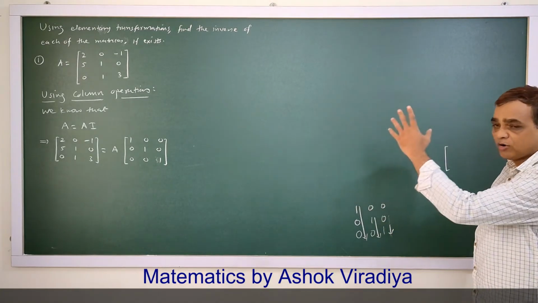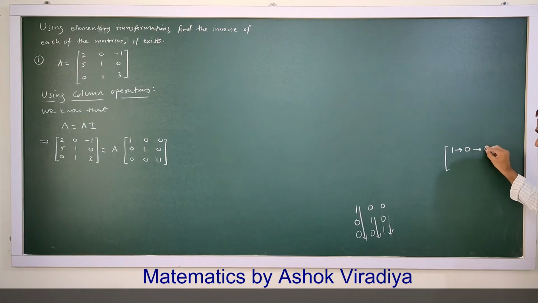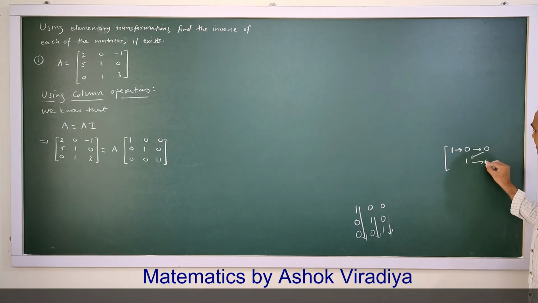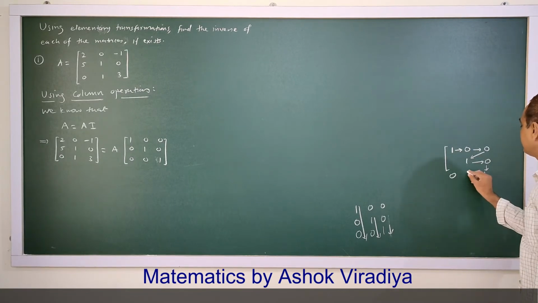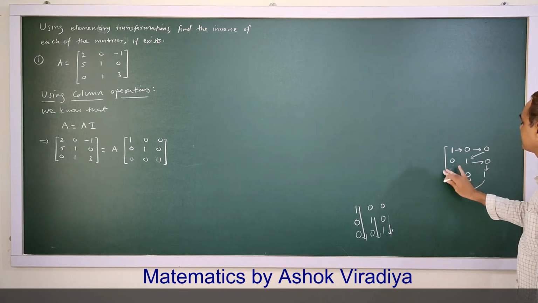Now in column operation, first of all we get 1, then 0, second step, then third step, then fourth step, then fifth step, then sixth step, then seventh and eighth step, then ninth step.